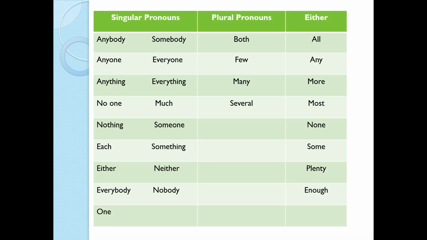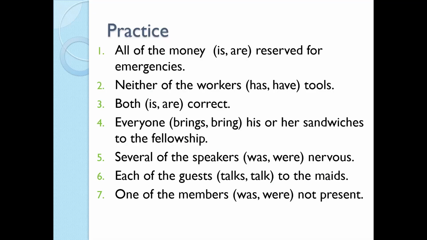There's only 4 plurals: both, few, many, several. And then there's some that are either singular or plural. What this means is if one of these singular pronouns is the subject of the sentence, then your verb has to be singular. If one of these plural pronouns is the subject of your sentence, then your verb has to be plural. If it's either, we get to look further in the sentence.